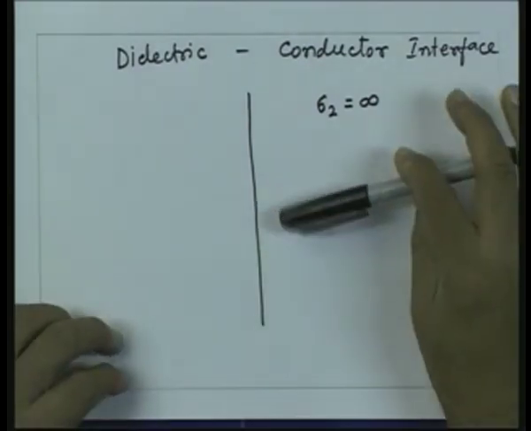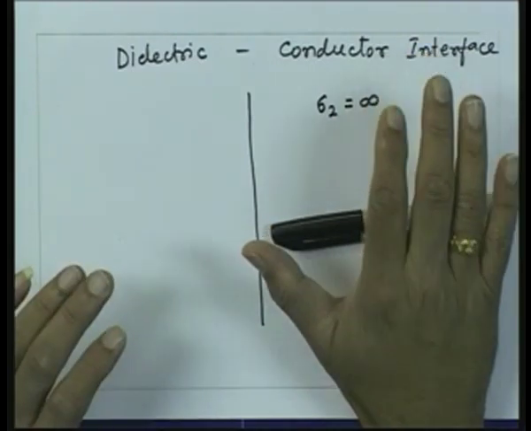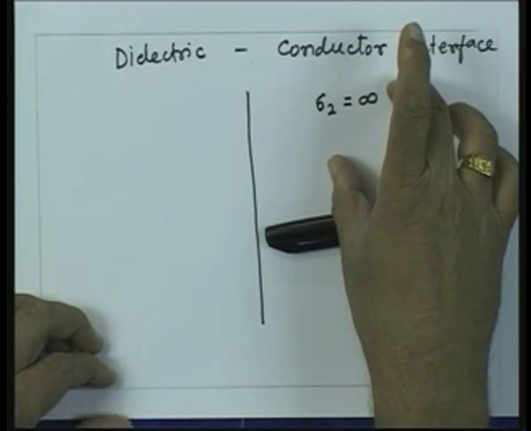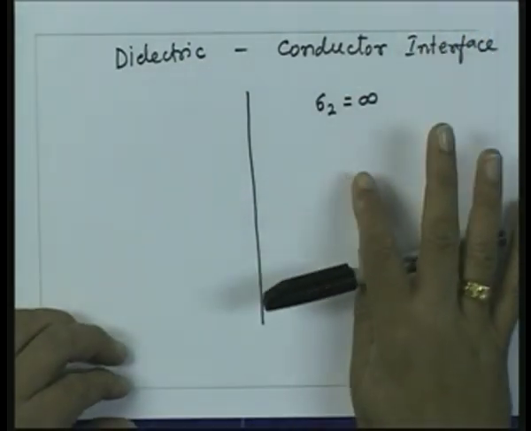Now, if the conductivity of this medium is infinite and if you want to have finite current densities, the conduction current density is sigma into the electric field. So, the conduction current density will be sigma of this medium which is infinite into the electric field. So, if I take any finite electric field, the conduction current density will be infinite in the medium.